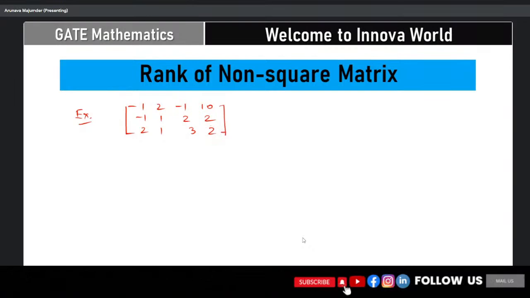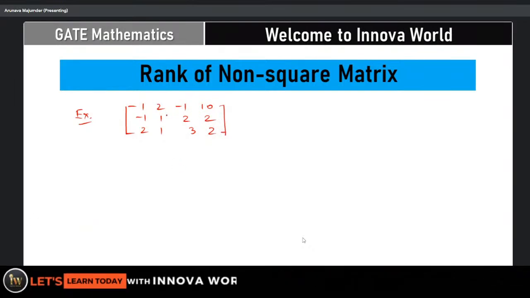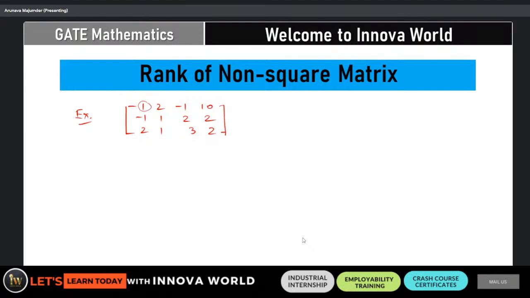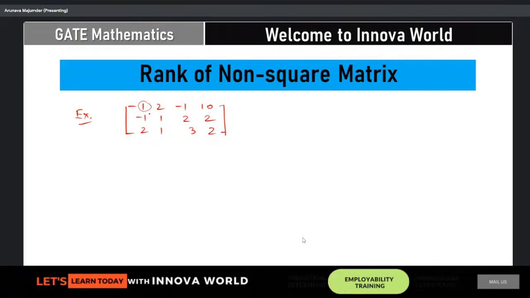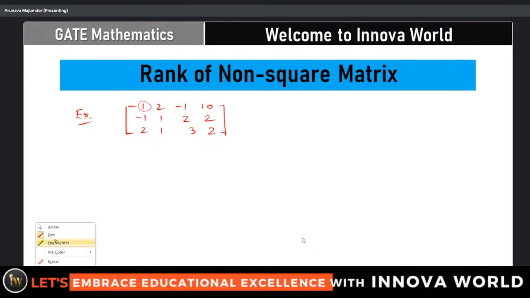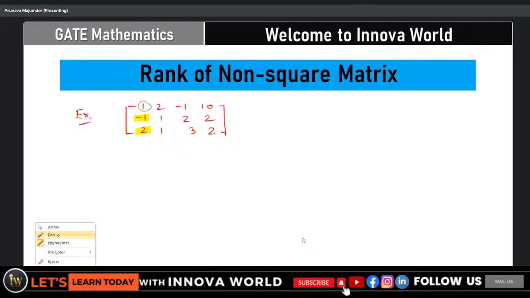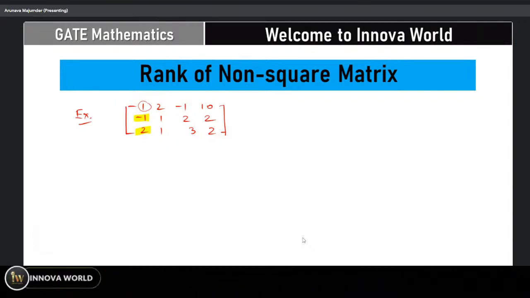Okay, so let's start with the same method. What is the first element here? Is it 1? Yes, this is 1, so no need to make it 1. What we have to do is make this element and this element just below it 0 with respect to the first row, that is row 1.